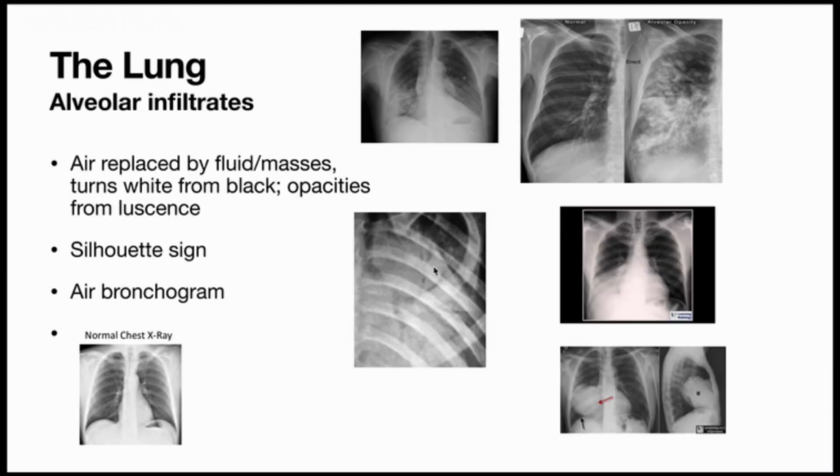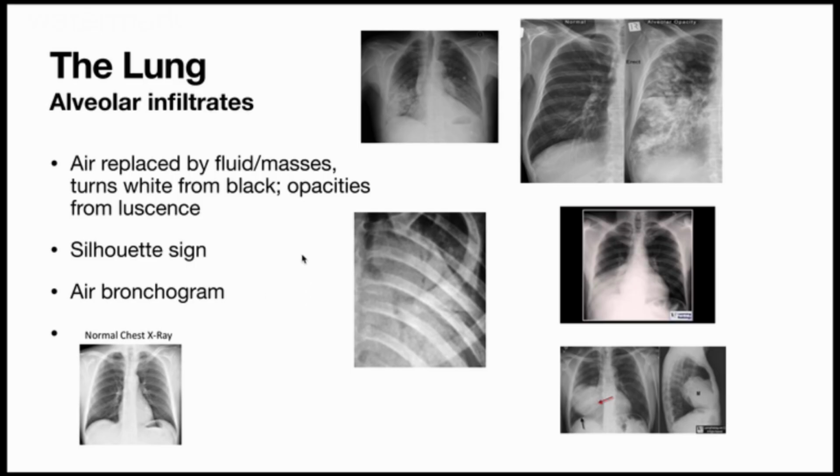Okay, so if we can start with the unit cell of the lung. The unit cell of the lung is usually the alveoli. If you can imagine with me, the alveoli and the connective tissue.